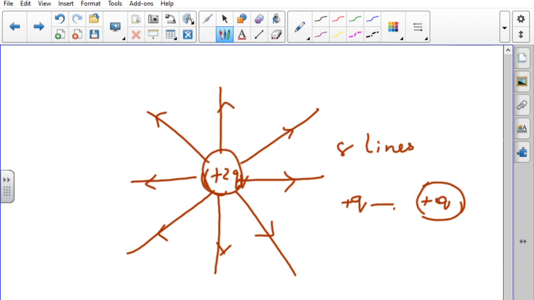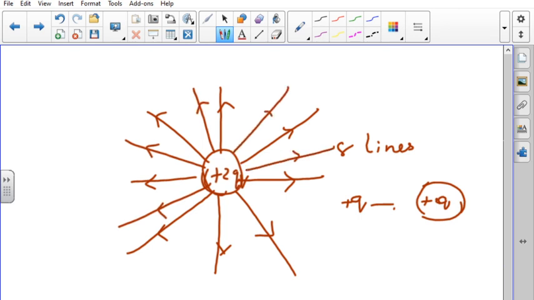Then automatically the number of field lines also increases. That means the magnitude of electric field also increases. So here you may observe that the number of electric field lines that emanate from a positive charge, or enter a negative charge, is directly proportional to the magnitude of the charges.